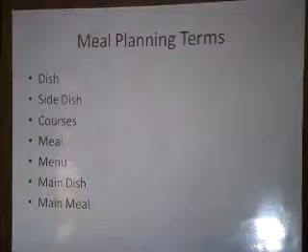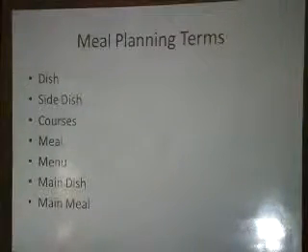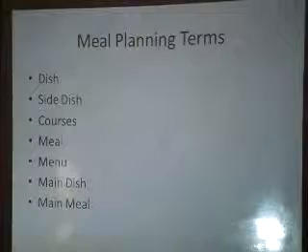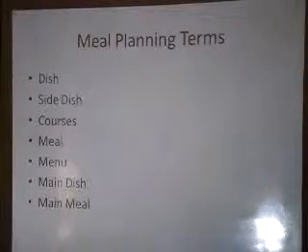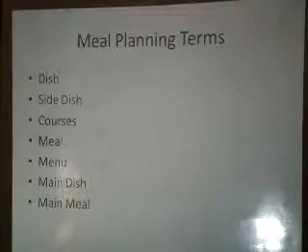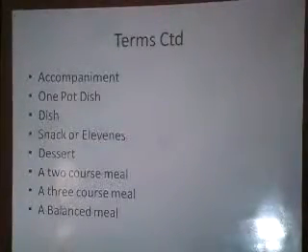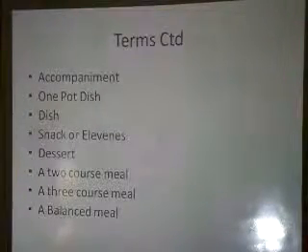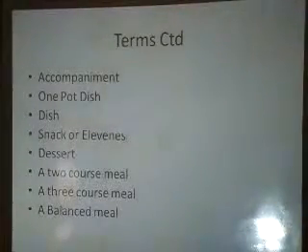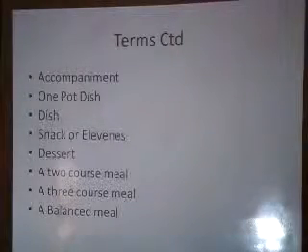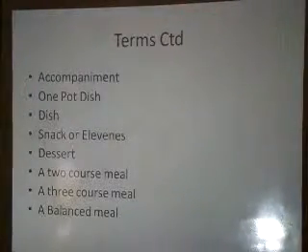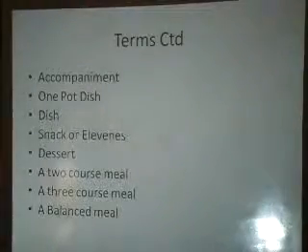And the basic terms we talked about are dish, side dish, courses, meal, menu, main dish, main meal, accompaniments, one-pot dish, snack or 11s, desserts, a 2-course meal, a 3-course meal, and a balanced meal. So, I believe it is okay for now.